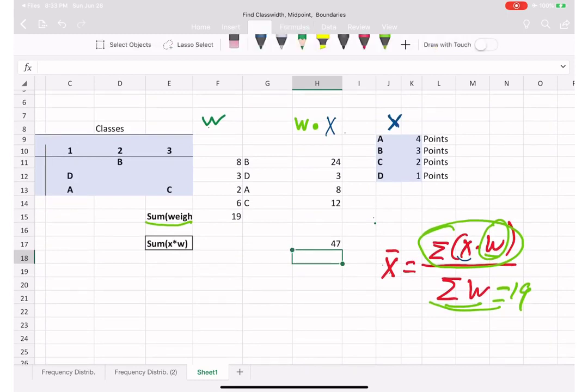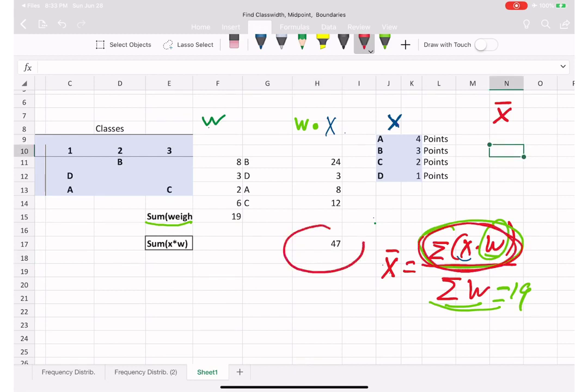And lastly, we need to find practically x bar, average. All right? And here is our x bar. It's going to be how much? So we need to take sum of x times w, which is going to be this one. Yes, 47. And divide by sum of w. Here it is sum of w, which is going to be this 19. Okay?